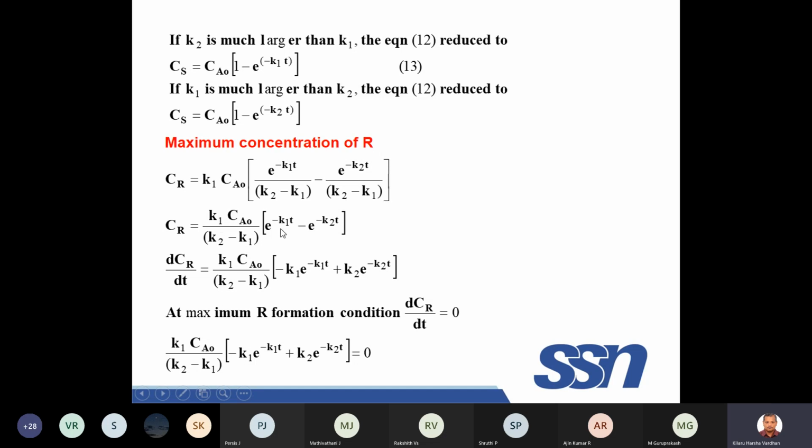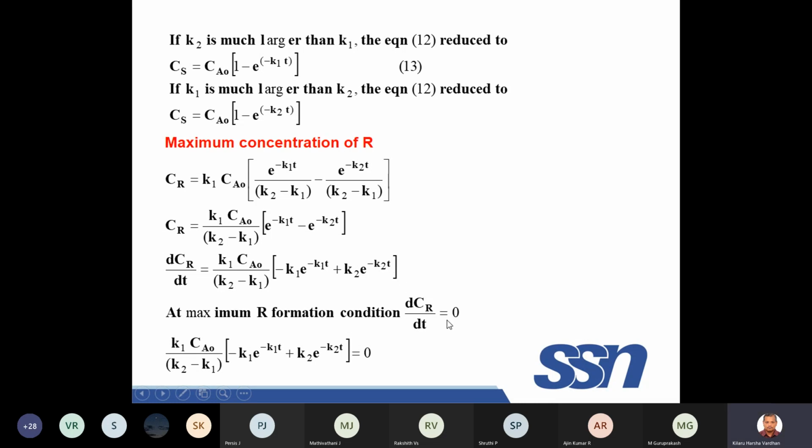This is a constant. I have to differentiate this: K1 CA naught by K2 minus K1. The differential for this is minus K1 e power minus K1 T, because the derivative of e power T is e power T. So minus K1 you are getting here. Again the differential of this, minus of minus is positive, K2 e power minus K2T.